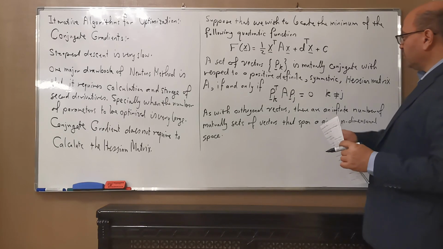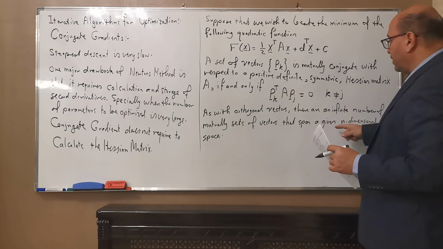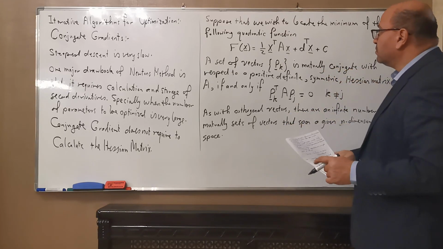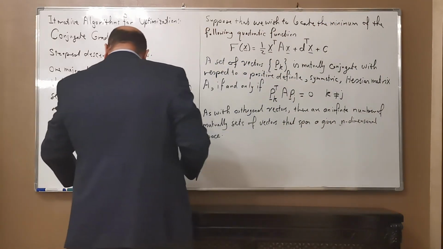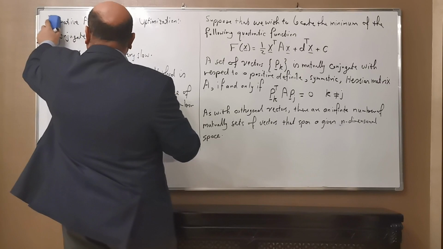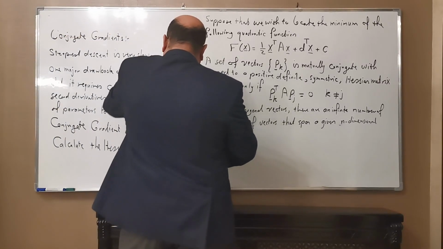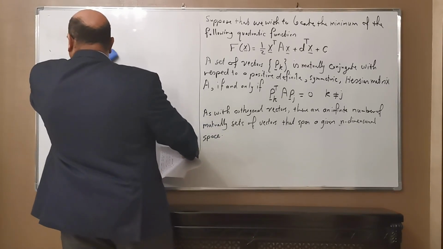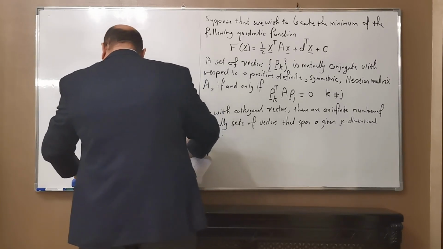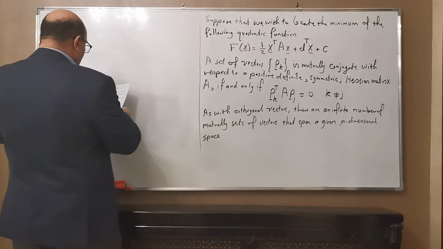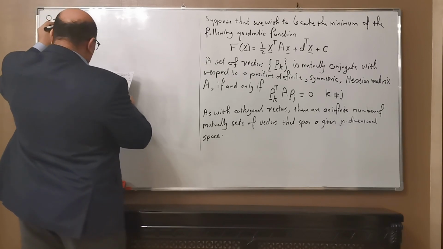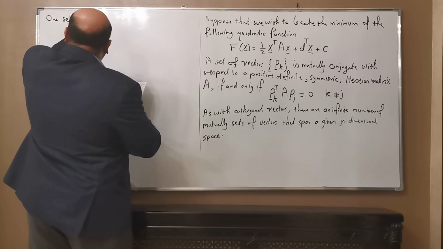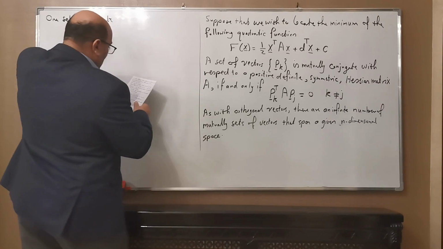Okay, so you have p1, p2 up to pn mutually conjugate vectors. One of those sets is the eigenvectors of the matrix A. One set of conjugate vectors consists of the eigenvectors of A.